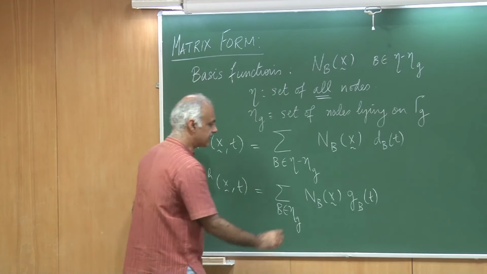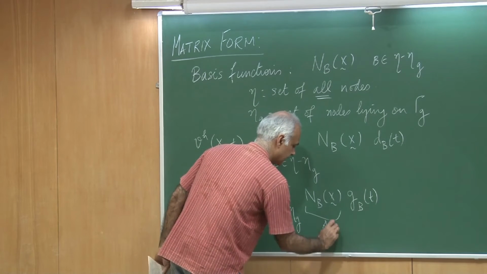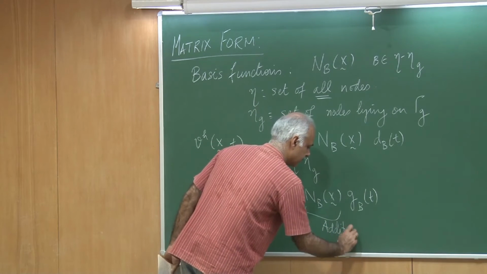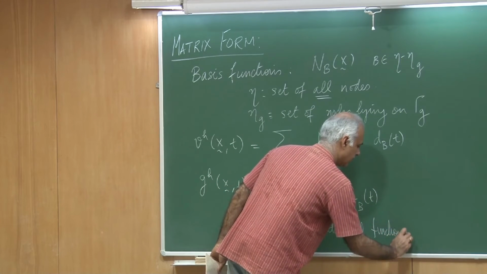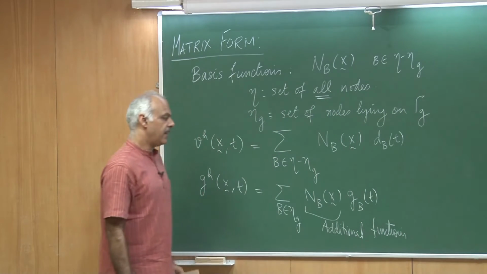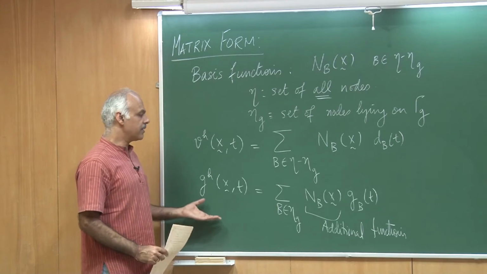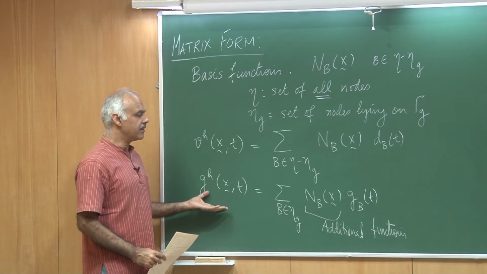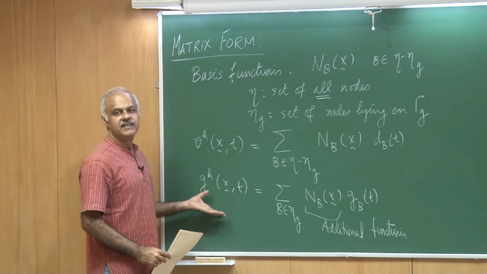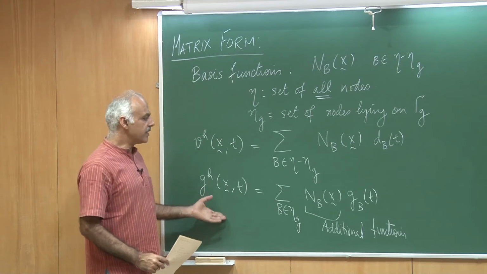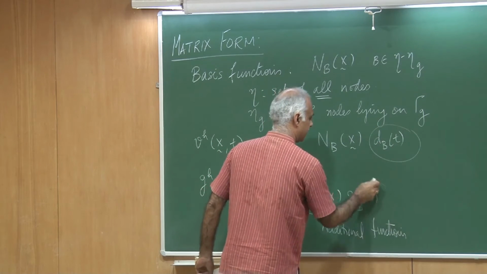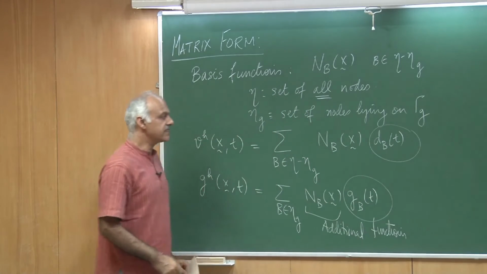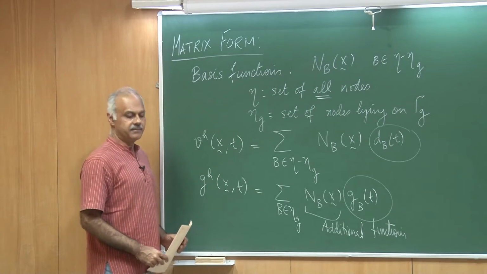These are additional functions and we have seen them before. We saw them in one dimension, we also saw them in multi dimensions. The idea is exactly the same. The only thing different is this concept of these coefficients which now depend on time.